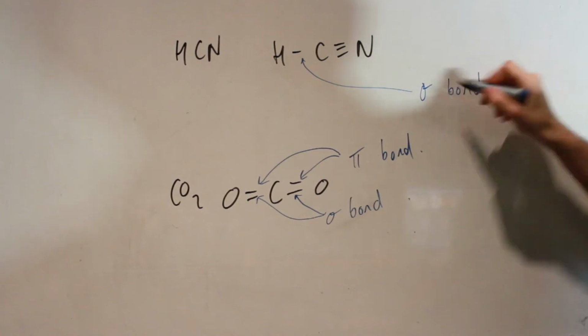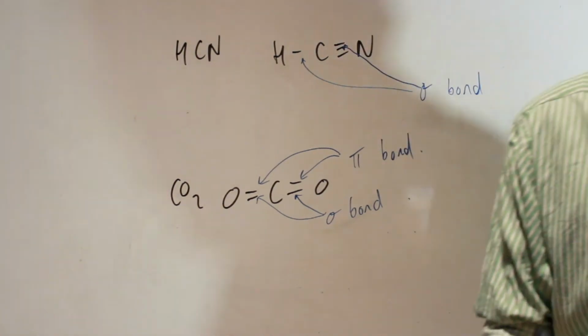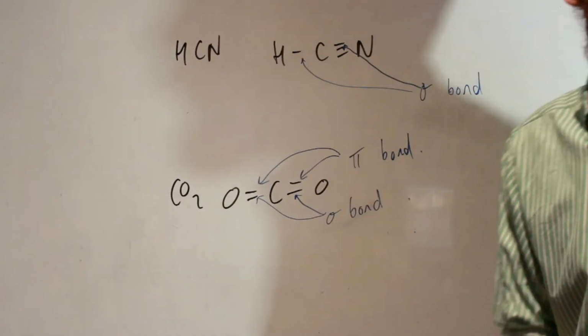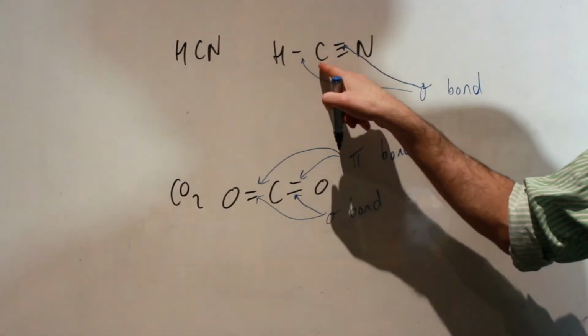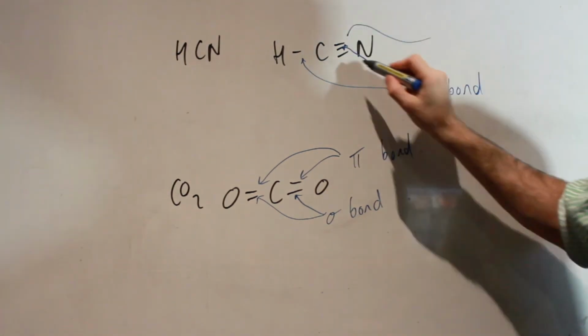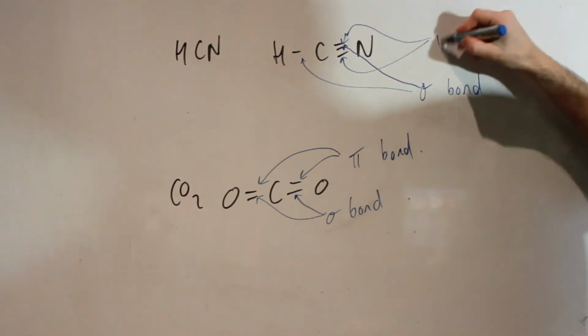We also have a sigma bond between the carbon and the nitrogen over here because we said that you need to form one sigma bond before forming pi bonds. We're going to go into why that is in just a moment. But that means we have one sigma bond between the carbon and the nitrogen here. However, our double and our triple bond are these pi bonds.